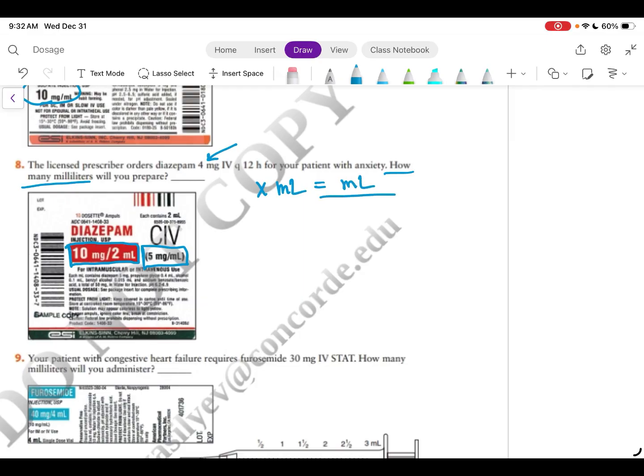One milliliter is 5 milligrams. 4 milligrams is my order. So this becomes 4 divided by 5. 0.8 as your final answer.